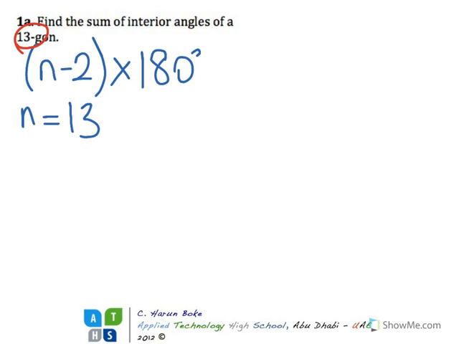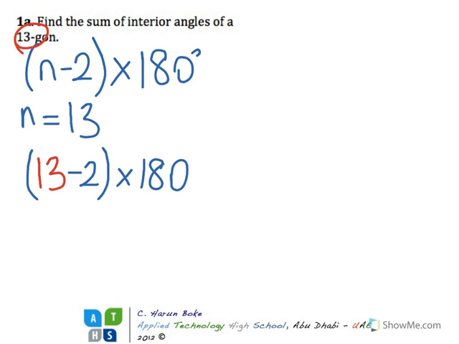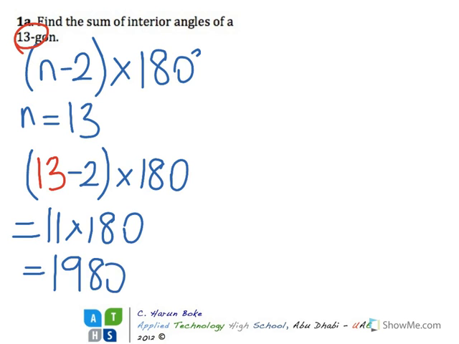So we substitute the value of n into the formula: 13 minus 2 times 180, and the answer is 11 times 180, which is 1980 degrees. That's what we have to do.